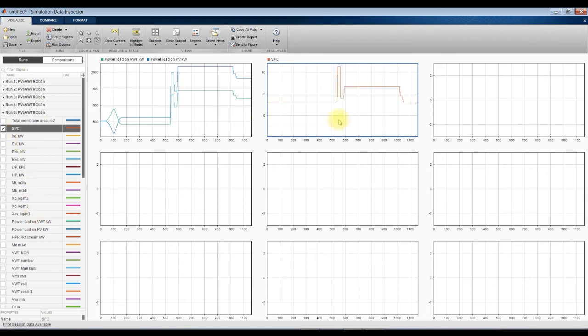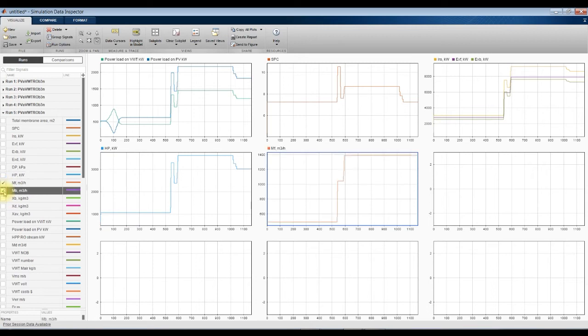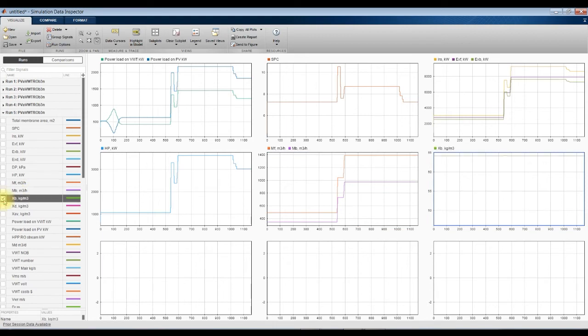For load on photovoltaic, you can see the specific power consumption. This is irreversibility rate. This is exergetic feed, exergy of the brine, and so on. And this one is power on the high pressure pump. This is mass flow rate of the feed, mass flow rate of the brine, and this is exergetic salinity of the brine and average salinity.